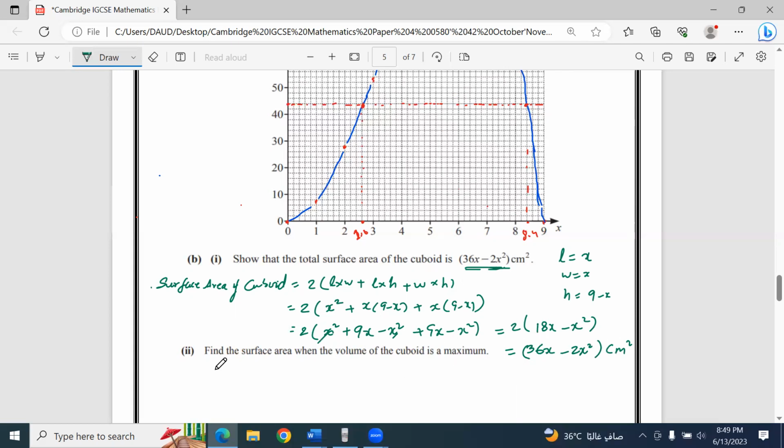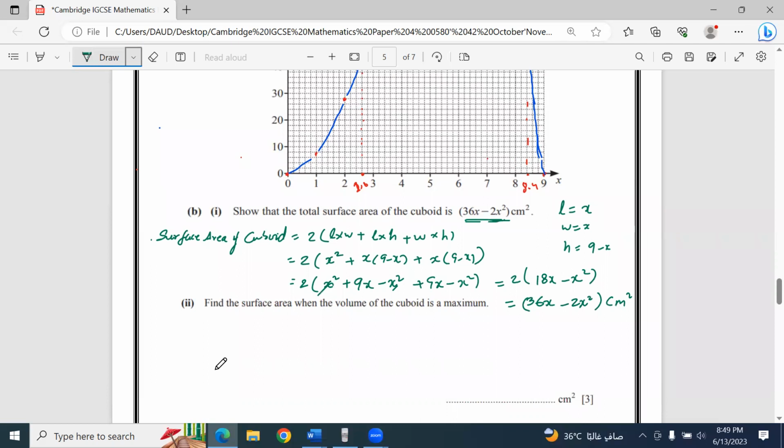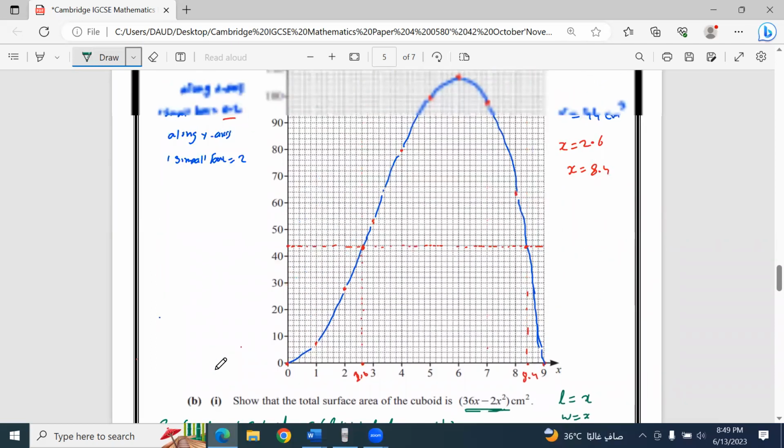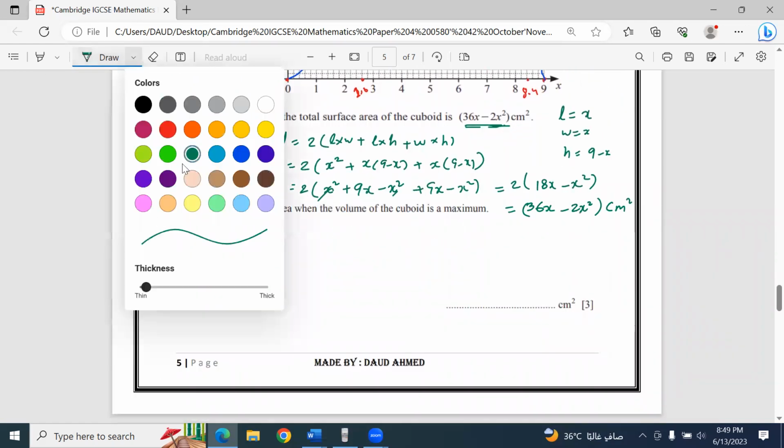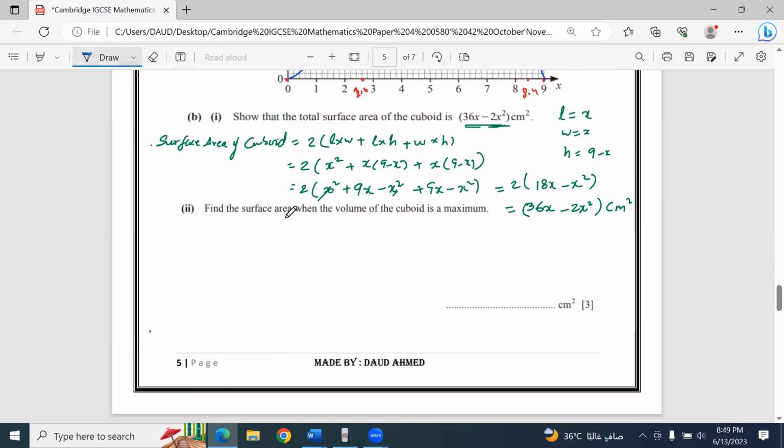After this, third part, find the surface area when the volume of the cuboid is maximum. So you can find the maximum value from here, which is at x equal to 6. We can check through differentiation also. We know volume equals what? x squared bracket open 9 minus x. So that means 9x squared minus x cubed. If we take the derivative of this volume with respect to x, it would be 18x minus 3x squared.